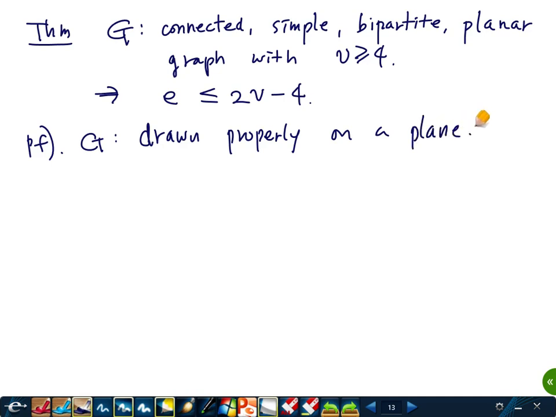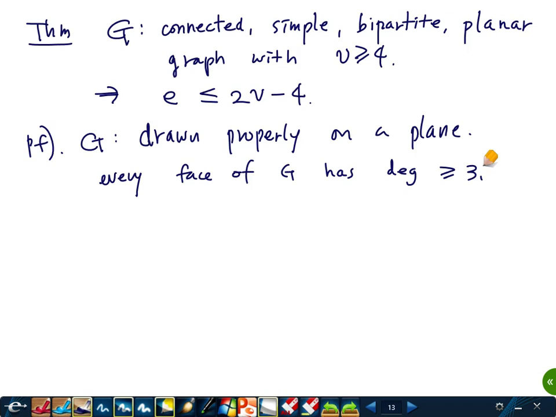Imagine a proper drawing of G. By the same argument as in the proof of the previous theorem, every face of G has degree at least 3, right? This is what we showed last time, because 3 is the smallest number of edges to create a region.